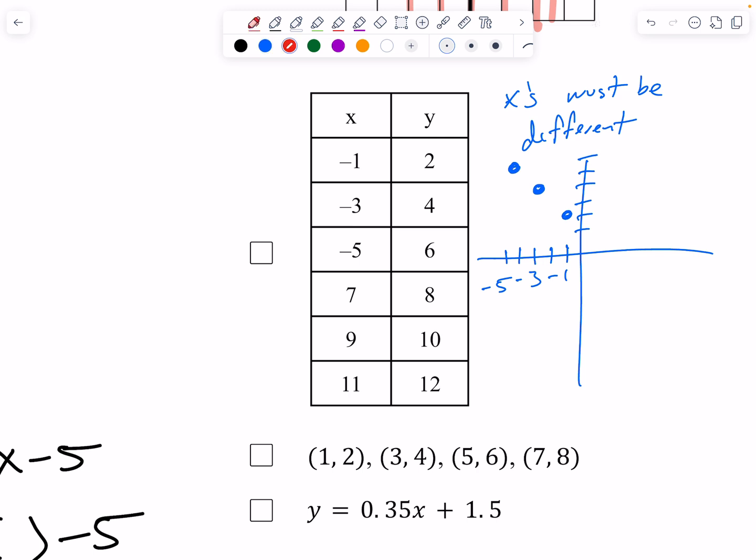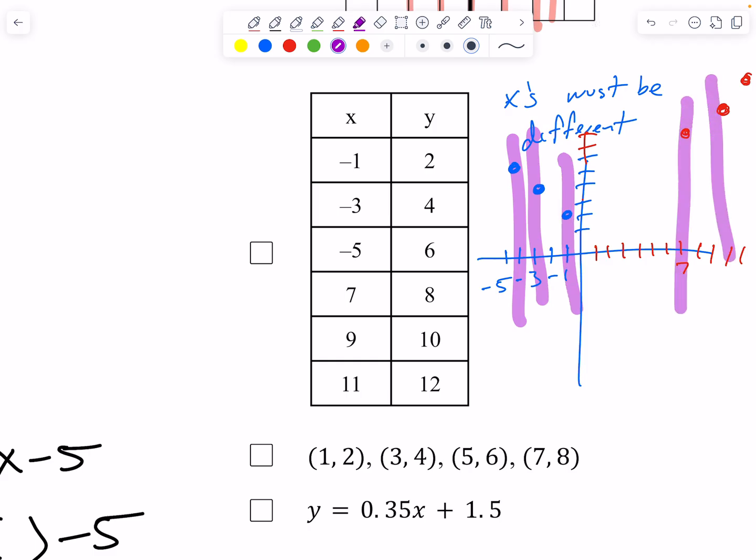Boom. Then I got 7, 8. 1, 2, 3, 4, 5, 6, 7, 8. 9 and 10. 11 and 12. So if I do the vertical line test, did I have 2 on the same line?